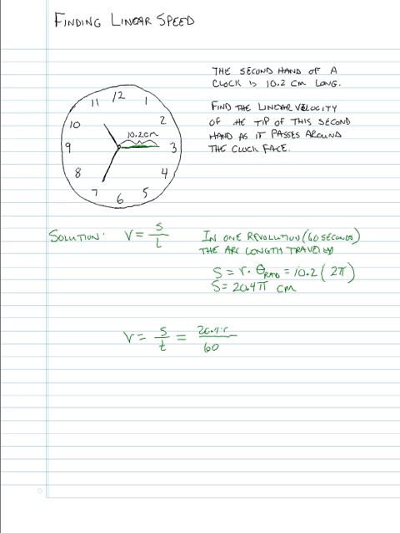By the way, here we have centimeters and here we have seconds, don't we? And so our speed will be in centimeters per second. With a calculator we get approximately 1.068 centimeters per second is how fast that's traveling in a linear fashion. Oh, well, that wasn't too bad, was it?